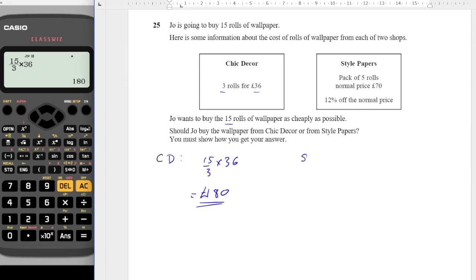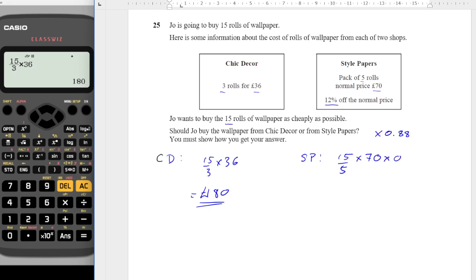Then we look at Style Papers. So 5 rolls normally cost £70, but there's a 12% reduction off the normal price. So we would need 15 divided by 5 times by 70 times by the multiplier for a 12% reduction, which is 0.88.